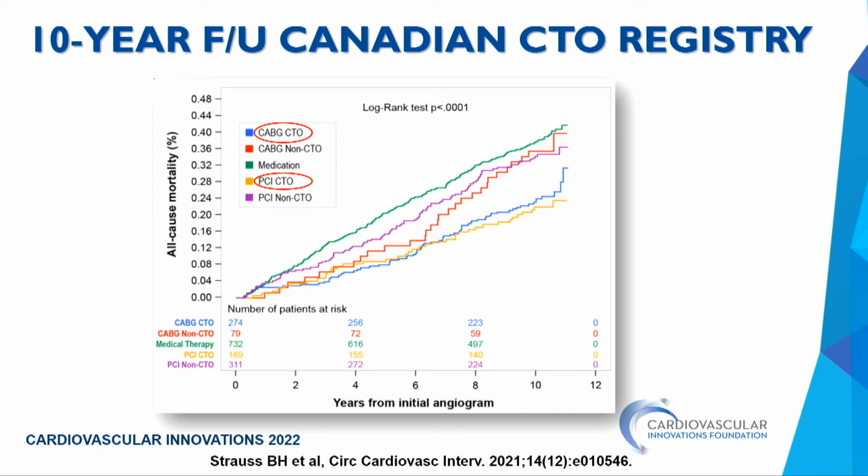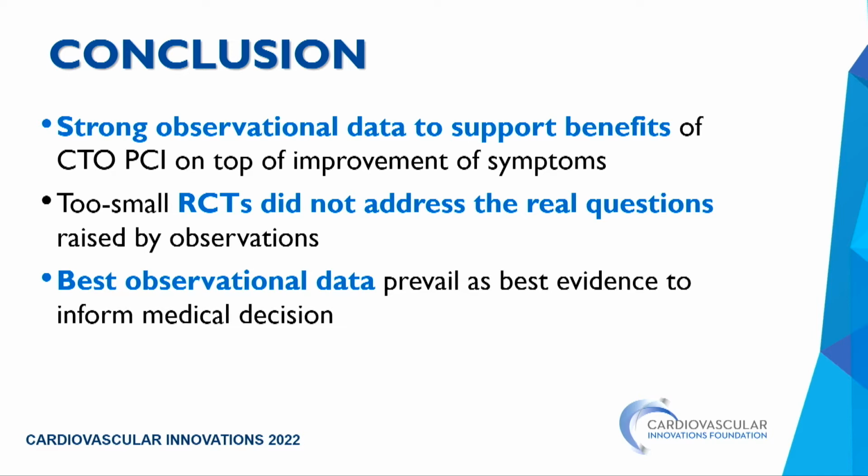It's only if you get the CTO revascularized, either with CABG or PCI, then you get the impact on mortality. So my conclusion is that strong observational data support the benefits of CTO PCI on top of improvements of symptoms. There are 2 small randomized studies that did not address the real question, and the best observational data prevail as best evidence to inform medical decision.